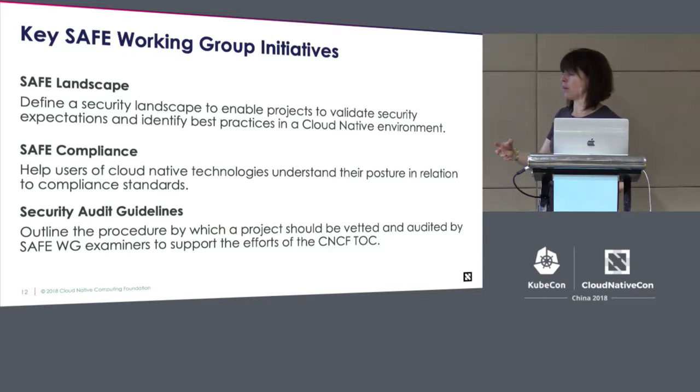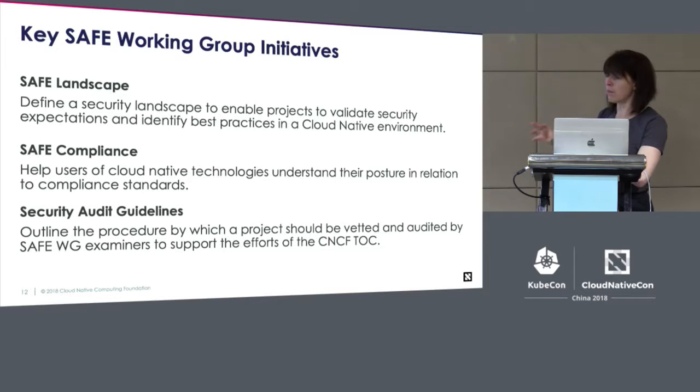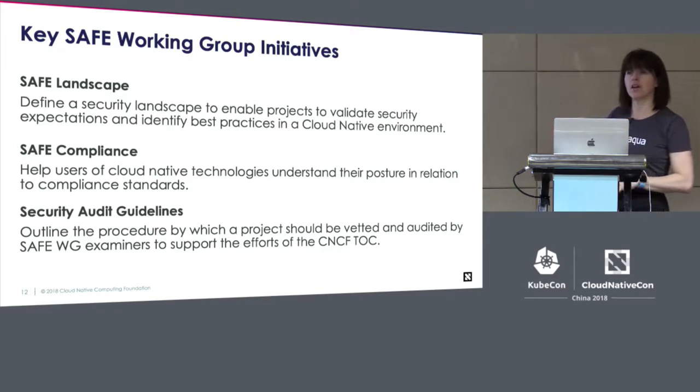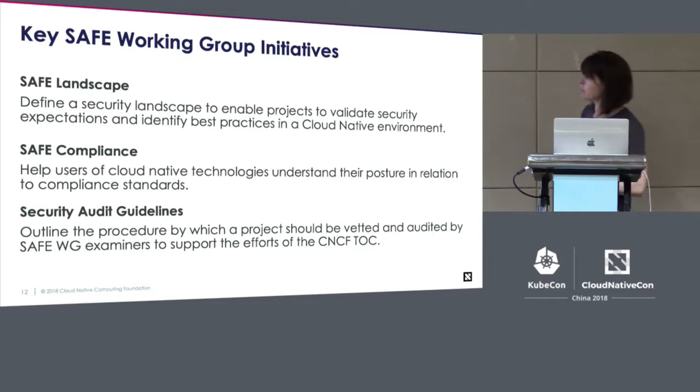For example, some projects like SPIFFE or Notary, or Linkerd as a service mesh, have some directly security-related features, or they may be absolutely about security. And we want to help users understand how those different components play a part in securing their cloud-native deployment.